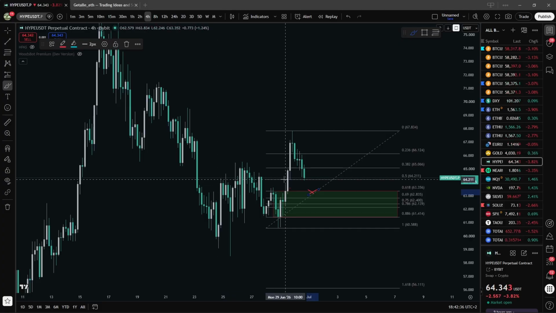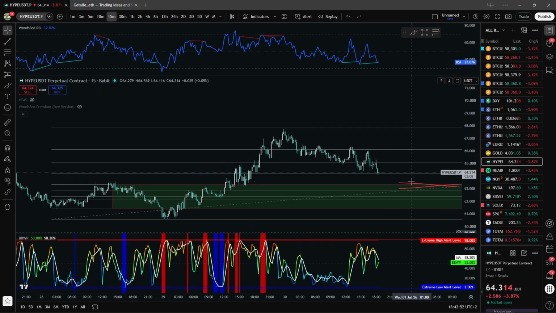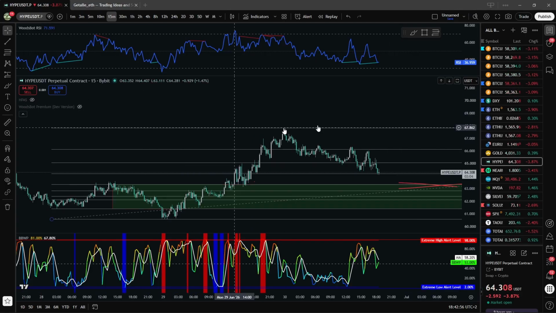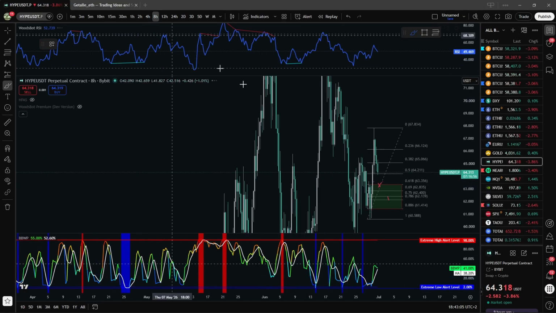So if I were to consider a long, I would look for a long inside this Fibonacci box. So from 63 to 61, I think you can look for longs. And if you have any bullish divergence on the 50 minute, this would be a long for me. So I would set alerts for this area for 63.5. And if it gets there, I would definitely consider a long.